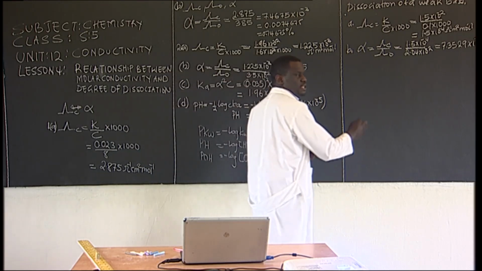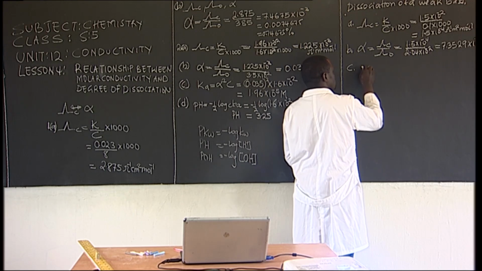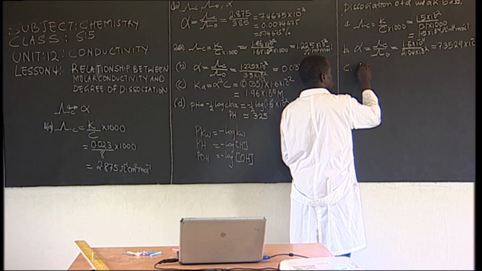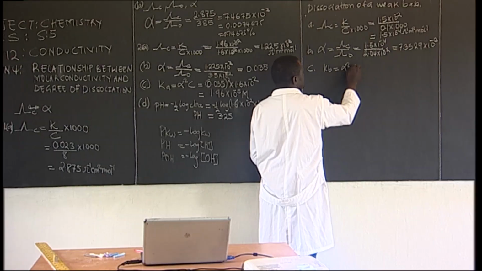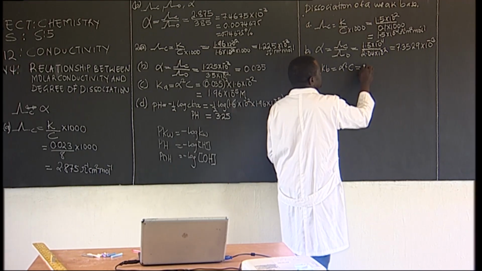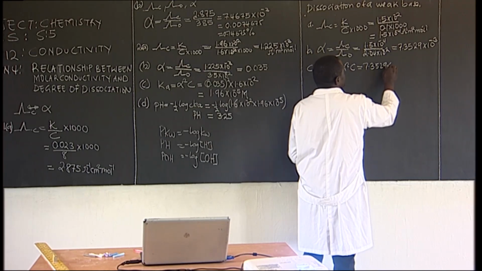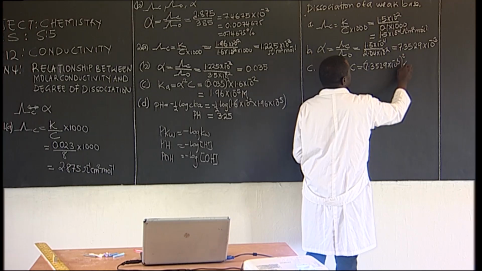So then the base dissociation constant. Our base dissociation constant, Kb, will be equal to alpha squared C. So we say 7.3529 times 10 to the power negative 3 squared times 0.1.